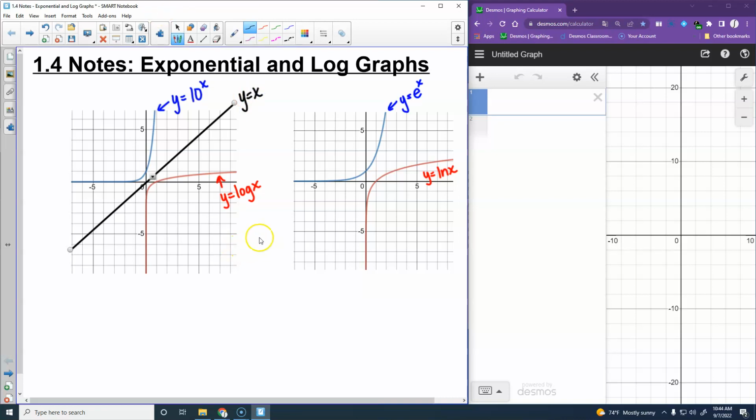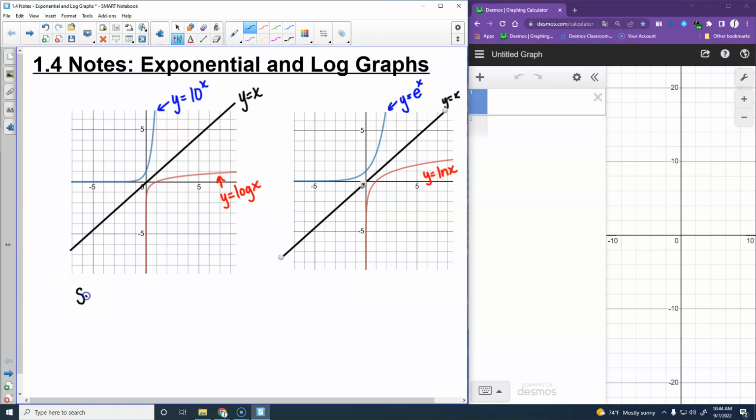If we flip y equals log x over the line y equals x, we'll get y equals 10 to the x power. So they're symmetric about that line. Same thing over here for this graph. These two are inverses of each other, so they are symmetric there.